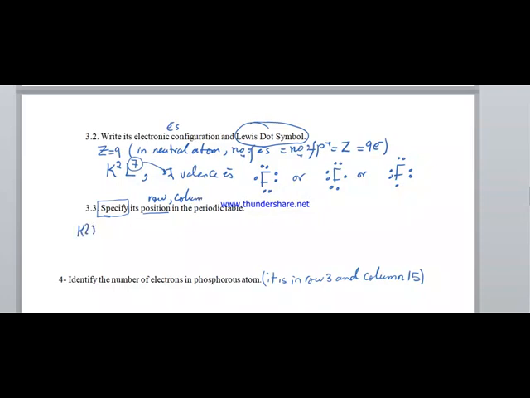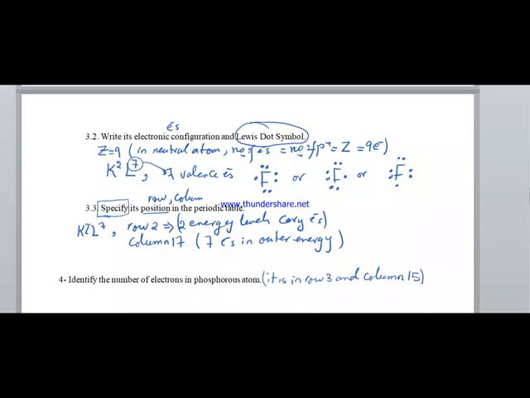Since the electron configuration is K2 L7, it is in row 2, since we have two energy levels carrying electrons, and column 17, since there are 7 electrons in the outer energy level.